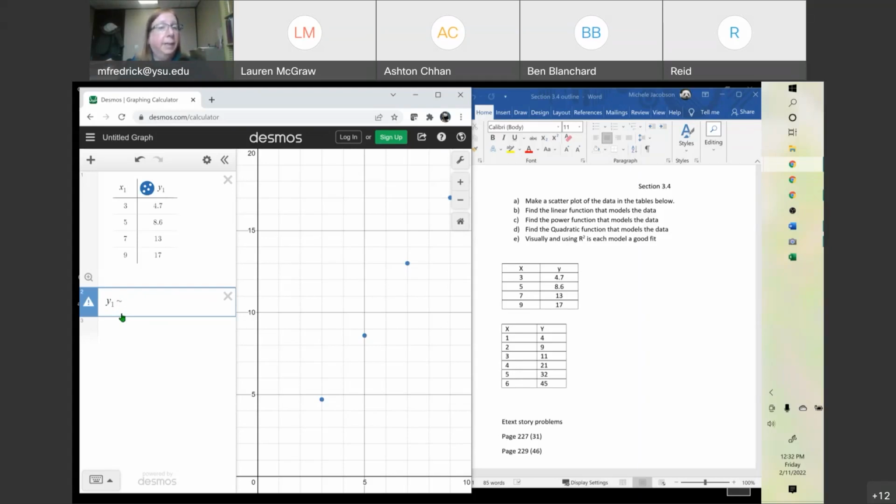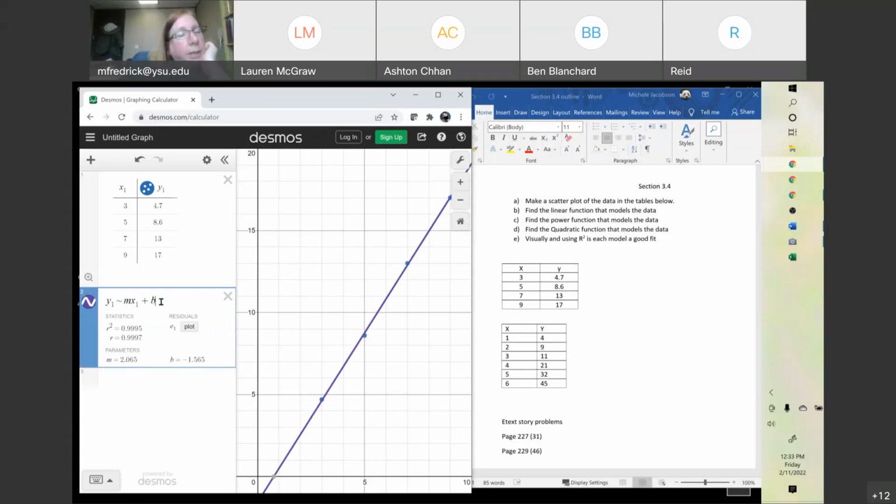Now to find the line, remember we said the line was mx, but you have to do x1 plus b. And this is what we used to get when we used the statistics. So if we used a straight line, it's pretty close to the line.